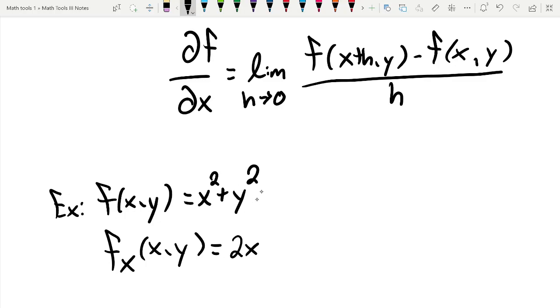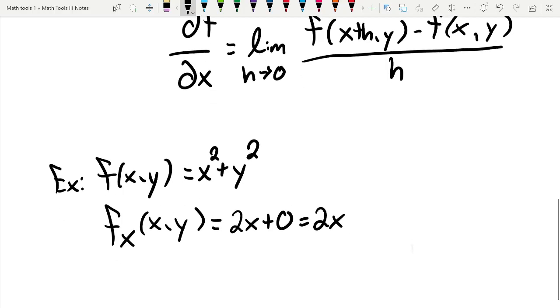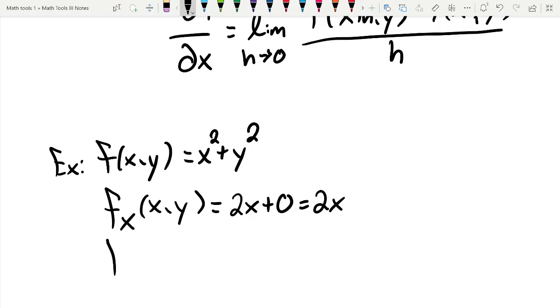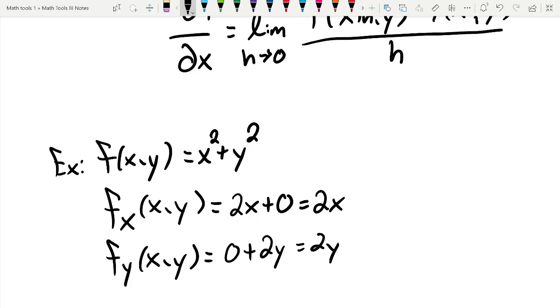Now y is a constant here, so the derivative of a constant is going to be 0. So this will be 2x plus 0, so 2x. And then same idea for the partial derivative with respect to y. x here is a constant, so that's 0. The derivative of y squared would be 2y. So this will just be equal to 2y.